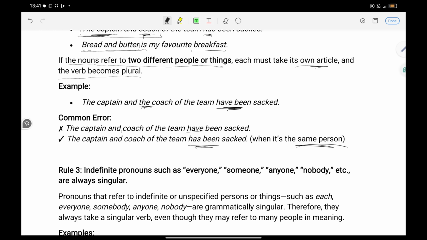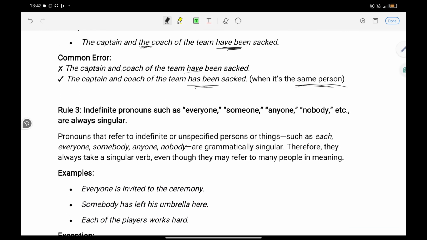Okay? Now, rule 3: indefinite pronouns such as everyone, someone, anyone, nobody, and so on are always singular. Why? Because they are indefinite pronouns.